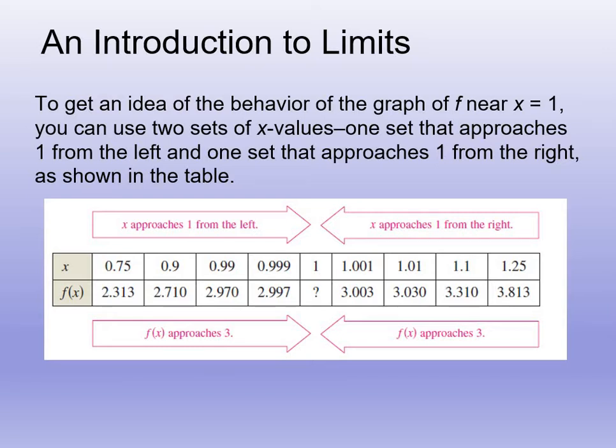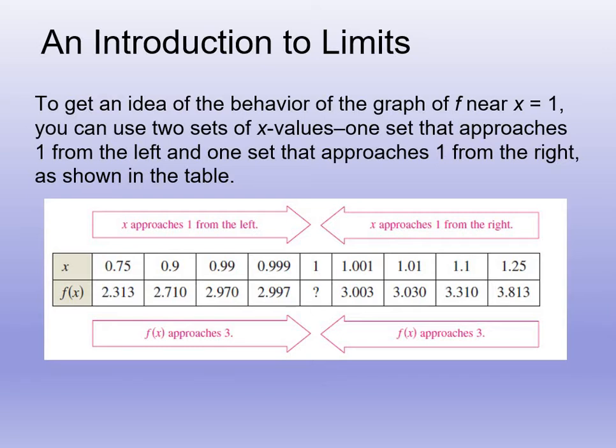So you're going to create a table like this, and you're going to substitute in values arbitrarily close to 1 on both sides of 1. Notice that 0.999, 0.99, and 0.9 are all less than 1. And then we look at values that are greater than 1.